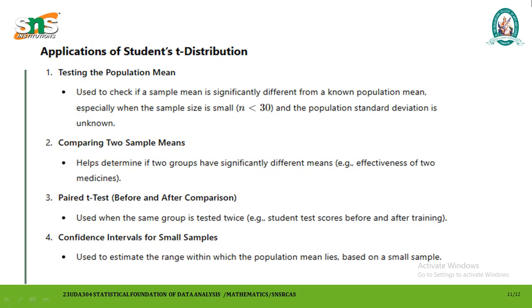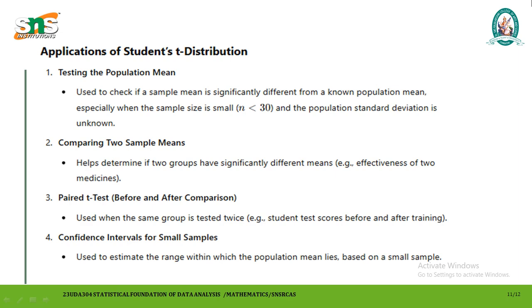The next one is the application of the student's t distribution. The first one is testing the population mean. That is, it is used to check if a sample mean is significantly different from a population mean, especially when the sample size is small and the population standard deviation is unknown. Next, it is used in comparing two sample means.